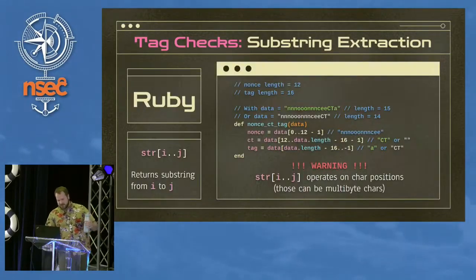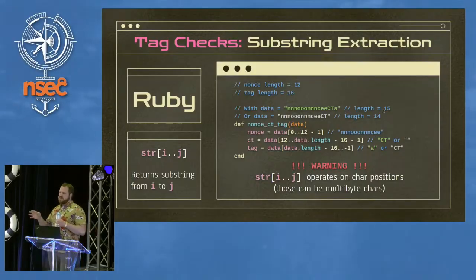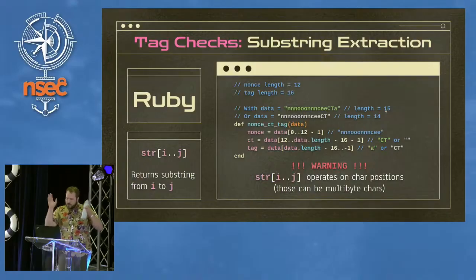So let's look into this. Let's say the data we're sending is nonce, so that's 16 bytes. Then we have CT for ciphertext, and we have A. This is length 15. The tag is expected in the spec to be 16. So we're shorter, the whole message is shorter than only the tag.